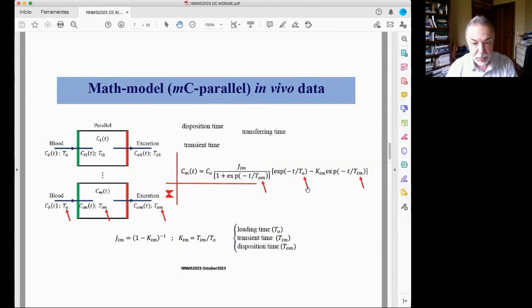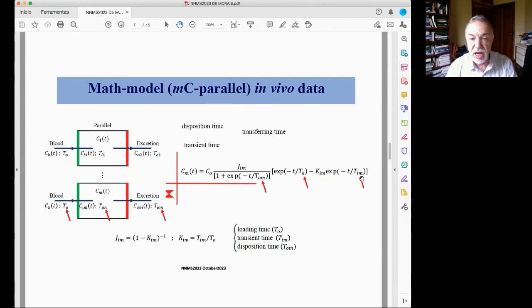The second parameter, which is very interesting too, I'm sorry, T naught is the loading time, the typical time of transferring from the blood circulation to one particular biological compartment.